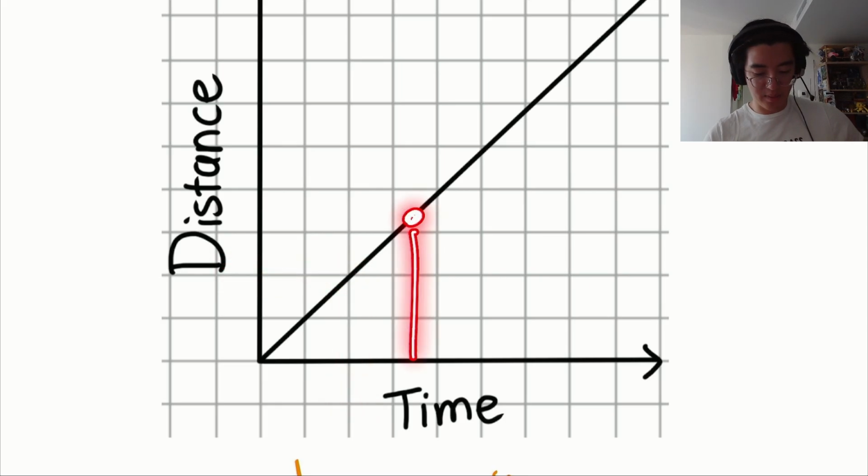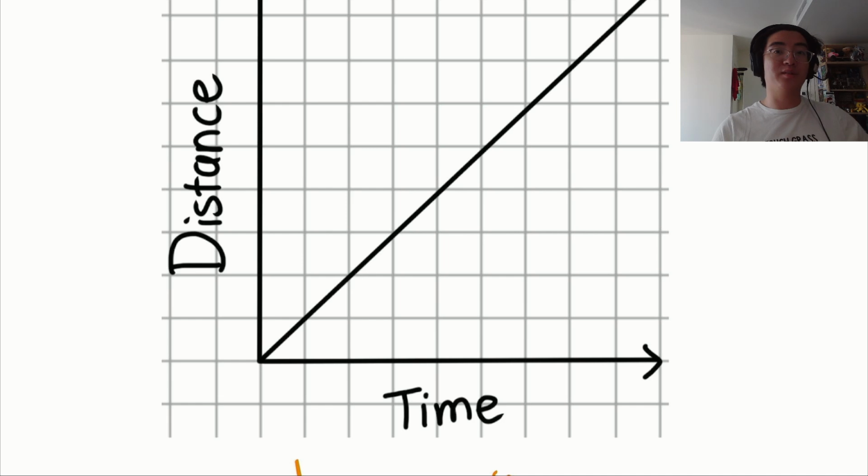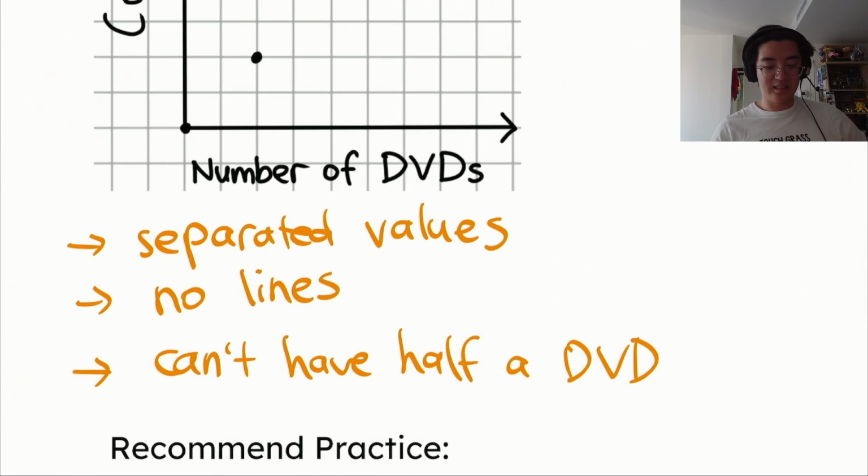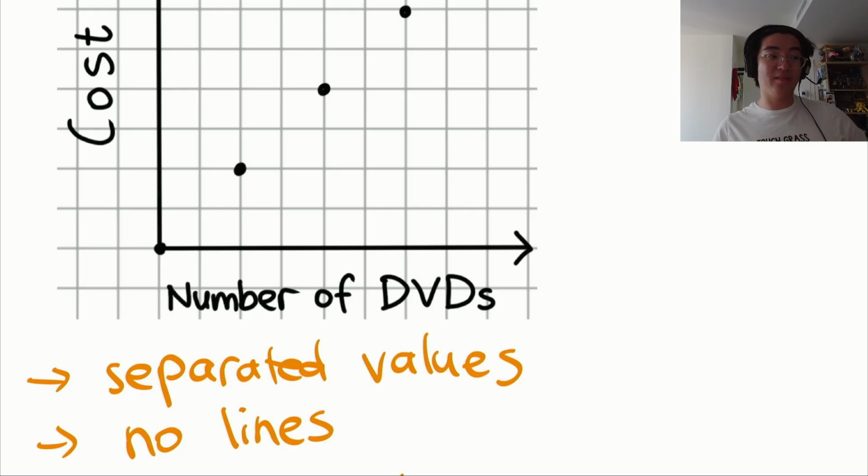We can maybe have 3.2 hours, and then we can have, I don't know, 200.978 meters. So whenever we include every single number between the points, then we draw the line. Sometimes, like with DVDs, we cannot just have half a DVD or 0.75 of a DVD, so we do not draw the lines.